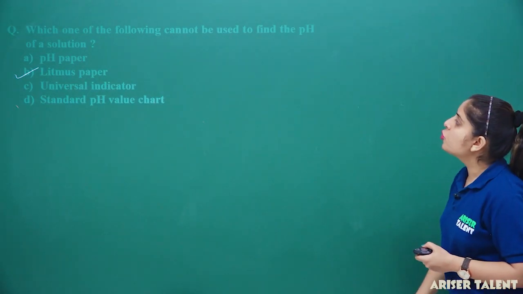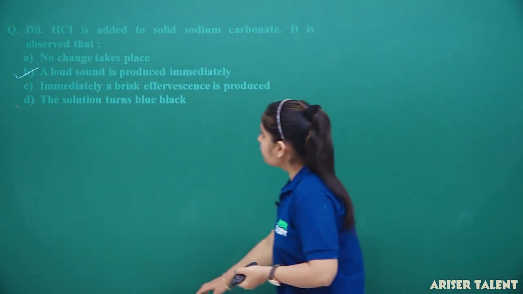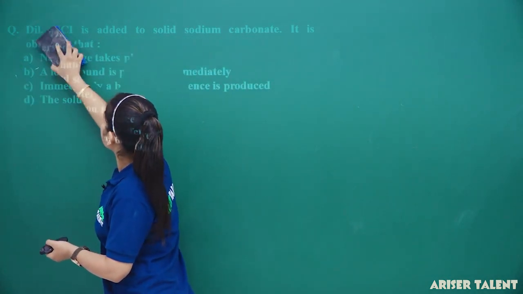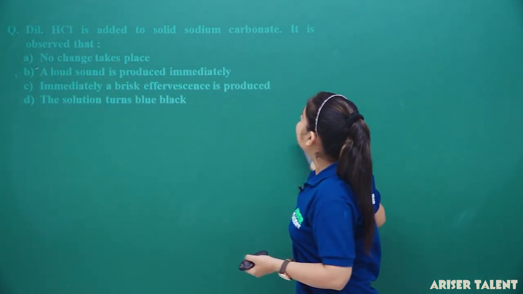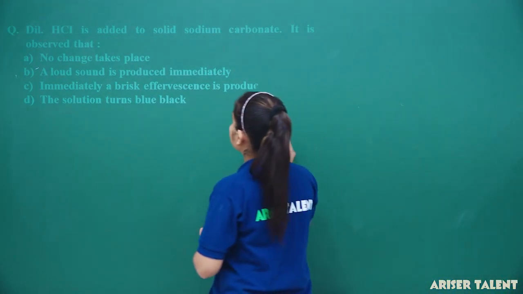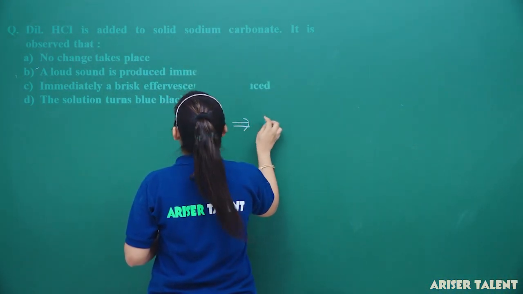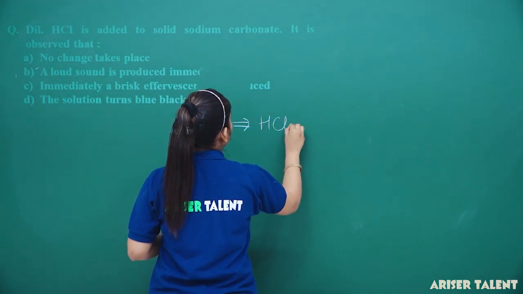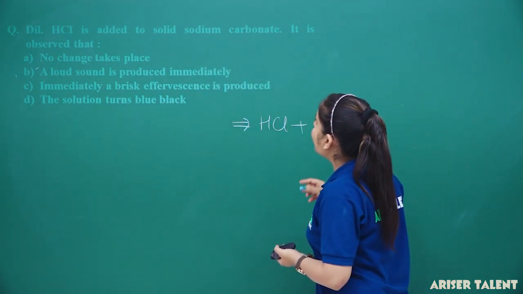Now we have our next question. Dilute HCl is added to sodium carbonate. It is observed that we have dilute HCl and we are adding sodium carbonate to it.